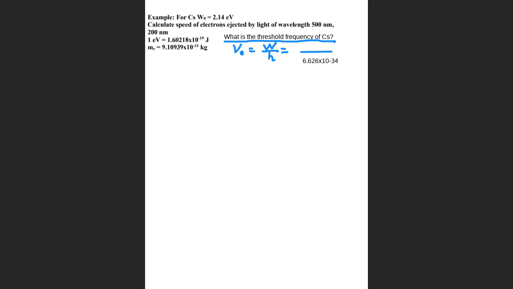Again, if you put Planck's constant in its base units, and divide the work function, which was actually 3.428 times 10 to the negative 19 joules, you get a frequency out.